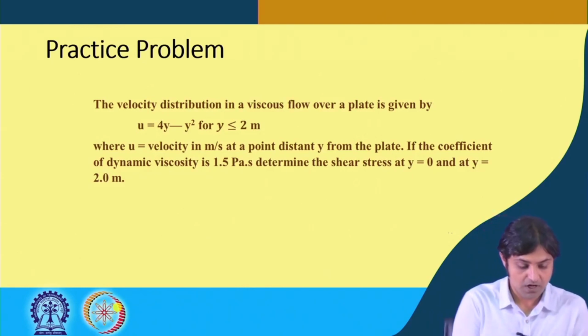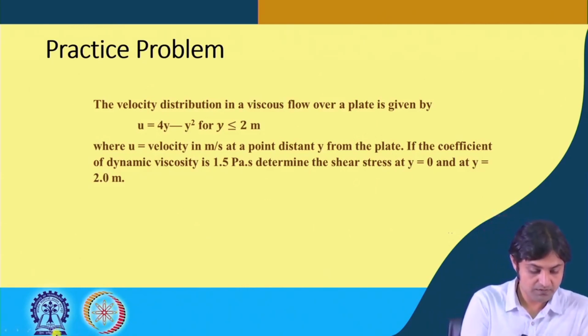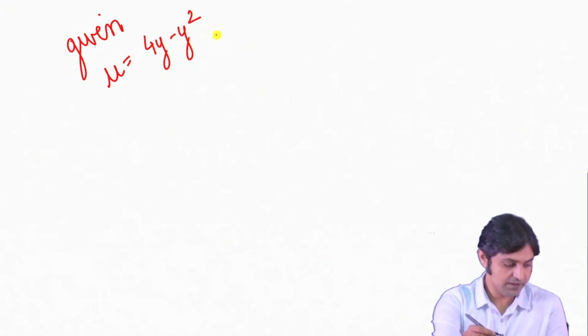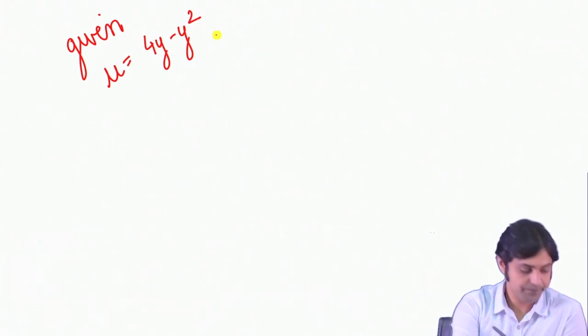Okay. So, how are we going to solve this? What is given is u is equal to 4y minus y square, right.